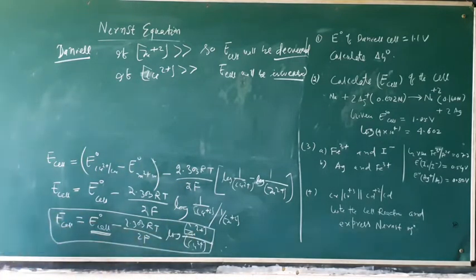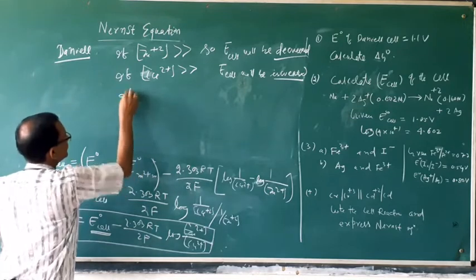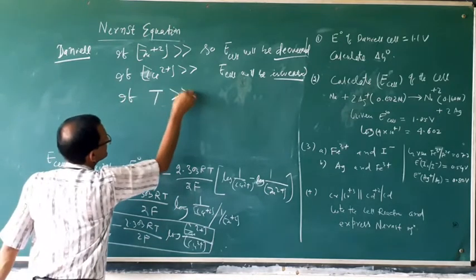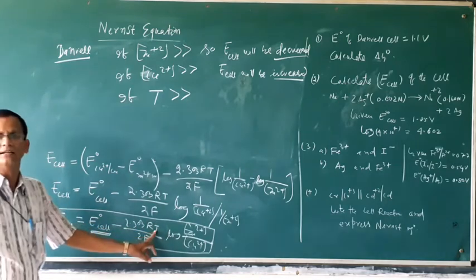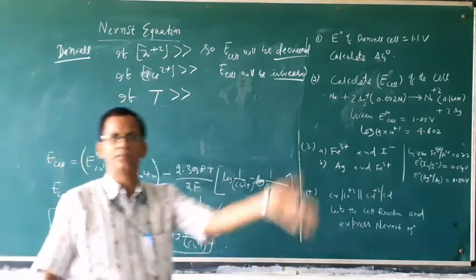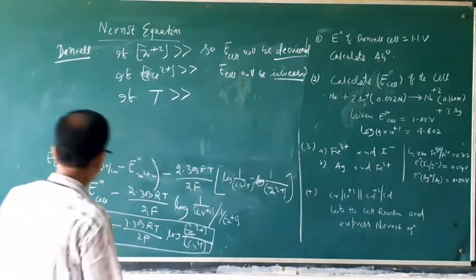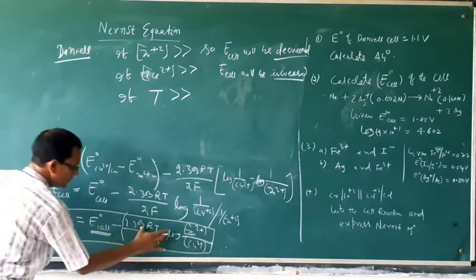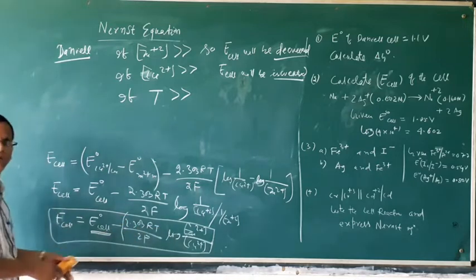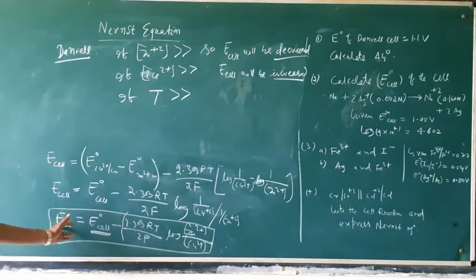Another factor is T. If T increases, you see the direct equation, when T is increased to 30 degrees, 40 degrees, 50 degrees, if you increase the temperature, this value will be increased. If this value is increased, then the minus value will be increased, so the cell potential will decrease.